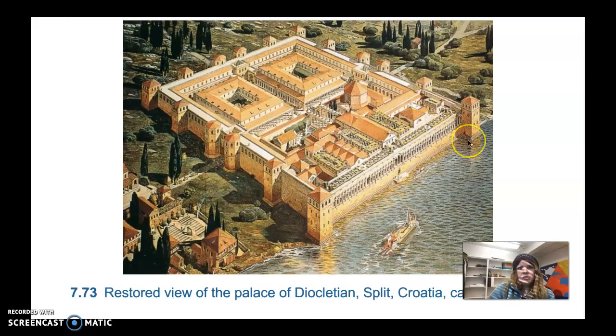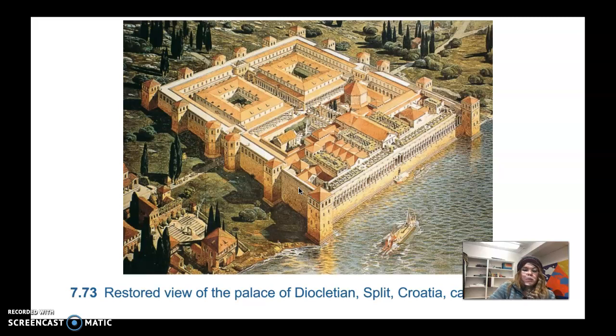When Diocletian retired in 305, he moved to the hometown where he was born, which is basically in former Yugoslavia, and he built this large palace at Split on the Adriatic coast. It's a heavily fortified palace, with these large, tall, thick walls.